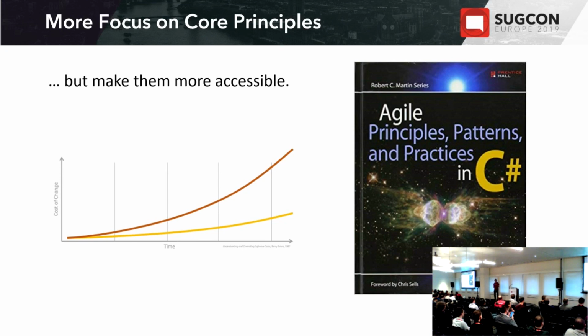But as I alluded to earlier, we want to make these more accessible. I think Martin Davies, are you in the room? No, not here. He did a great blog post explaining the core principles in Sitecore terms and in Helix terms. So that's the kind of content that we'll be looking to add to the Helix documentation itself.